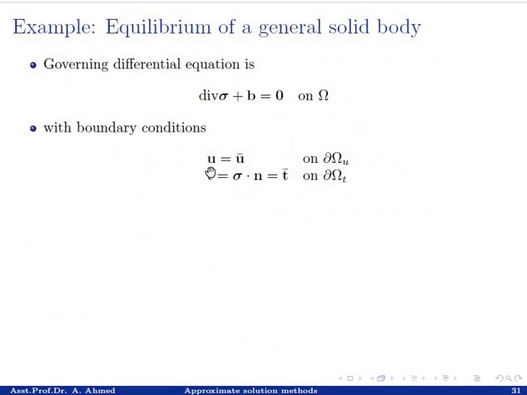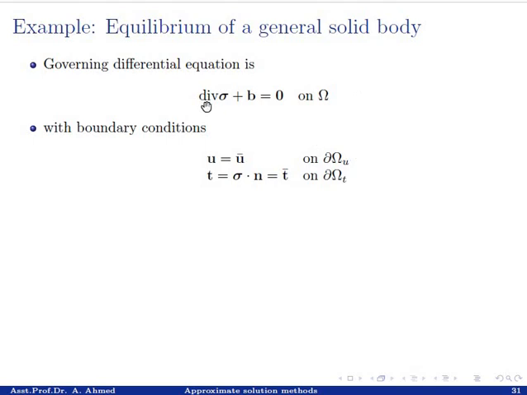For this particular case, the boundary conditions are that the displacements are equal to u bar on the boundary partial omega u, and the internal forces are equal to the external forces T bar at the boundary partial omega t. You can compare this equation with the differential equation which you developed for the axial bar, and you will see that these two equations are exactly similar.